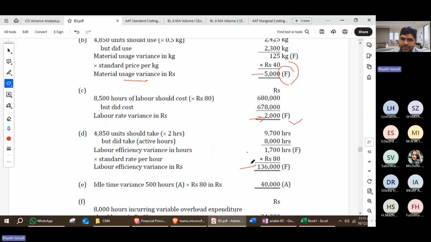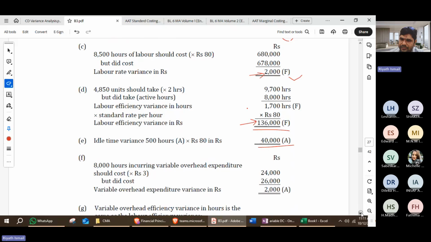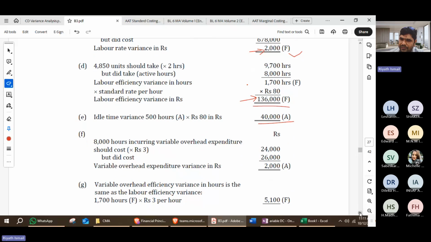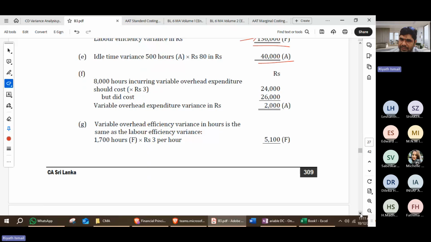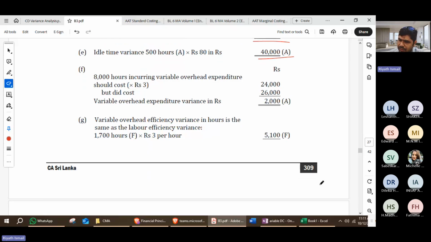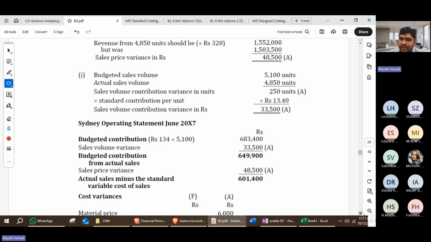The cost efficiency variance is favorable, and idle variance is so given. All these things are given, right? All the variances are calculated. So I don't want to repeat these things because I have explained everything in the last class, how to calculate the cost variances and formula.